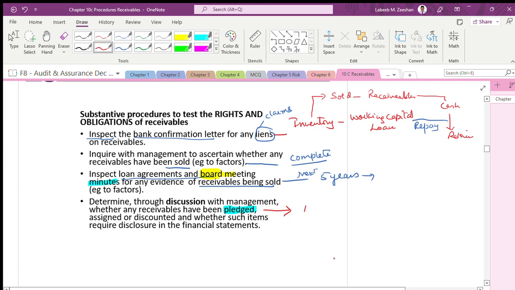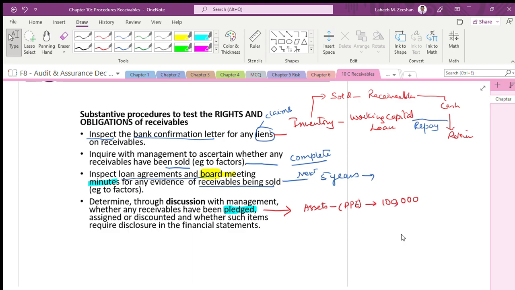Pledge is nothing but you have assets. Assume you have assets of property, plant and equipment worth 100,000. You are taking a loan against the assets.